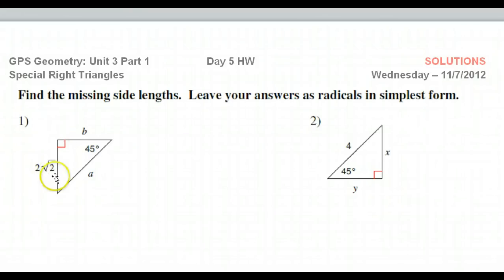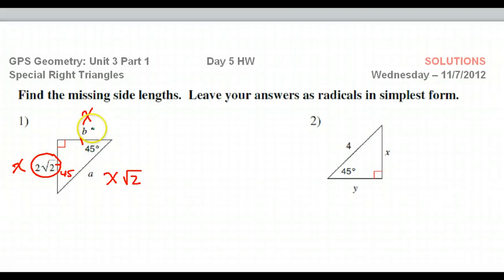Okay, so here I have something strange for the leg. I have this 2 radical 2 sitting here. But first of all, this is 45 degrees. So these are my isosceles sides right here. So you know how we do x radical 2. Like this is x, this is x, this is going to be x radical 2. That's the pattern. So in this case, x is 2 radical 2.